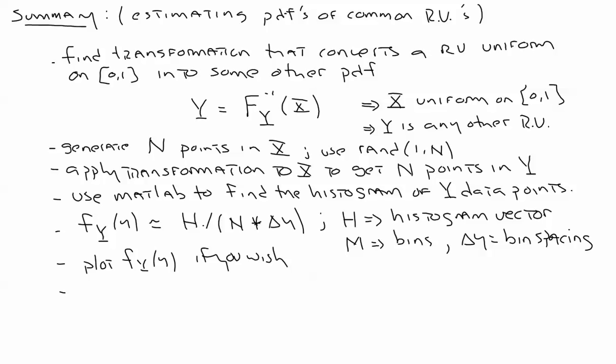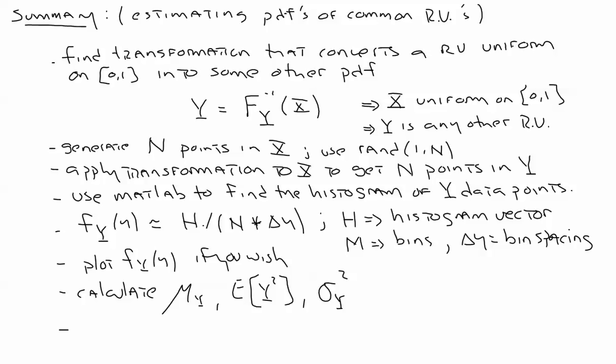We can calculate the mean values for y, the mean squared values for y, the normalized power. We can calculate the variance, standard deviation, etc. for y using techniques I gave you in the previous lecture.